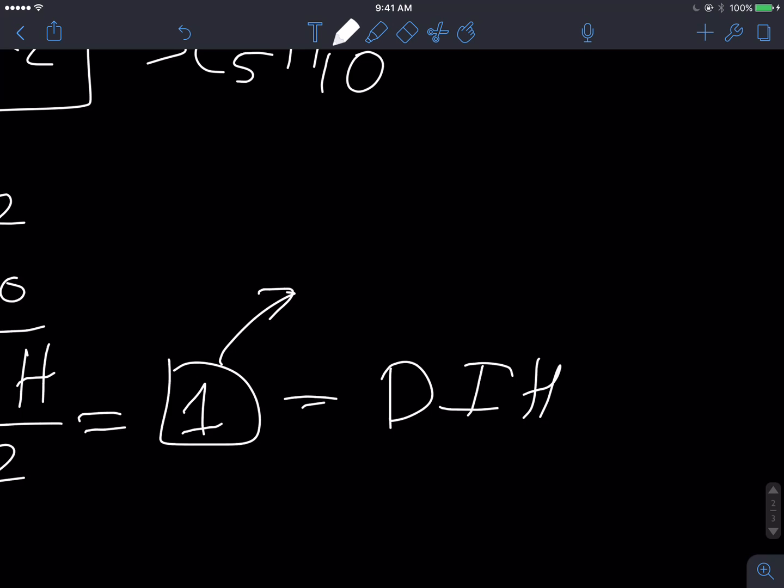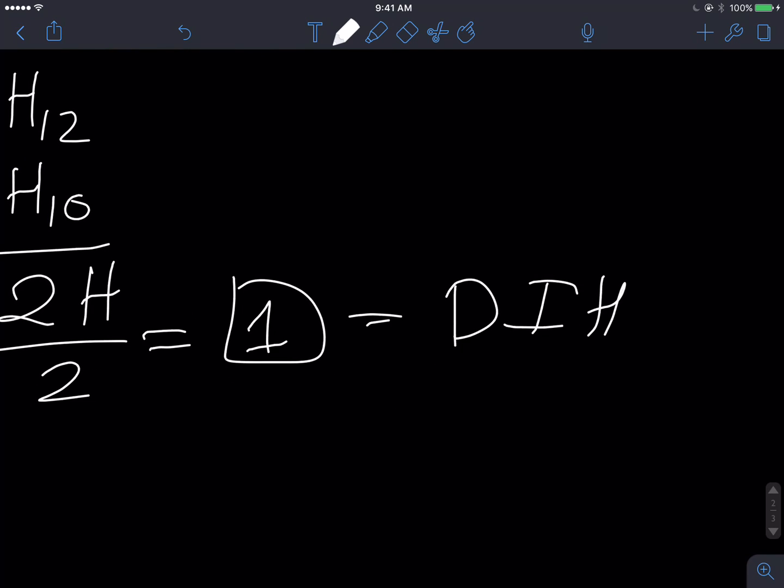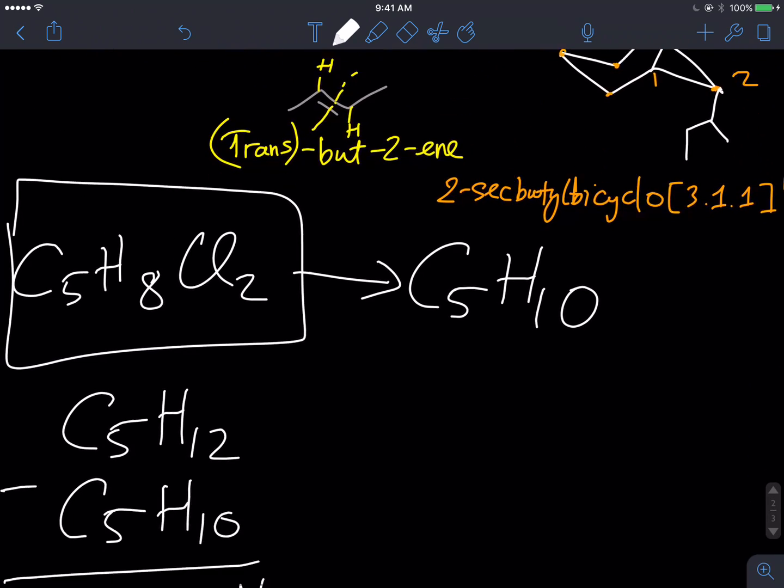If this number is 2, it could be 2 rings, or 2 double bonds, or 1 ring and 1 double bond. That's what the number means. So in this case, you have 1, it means there could be 1 double bond or one ring, right? So they give you C5.